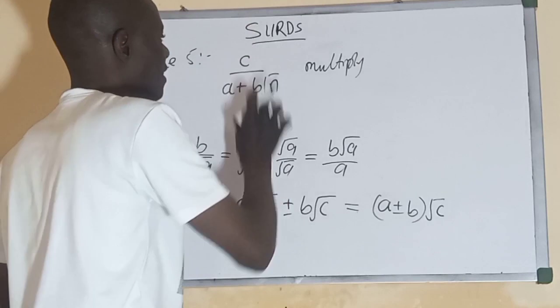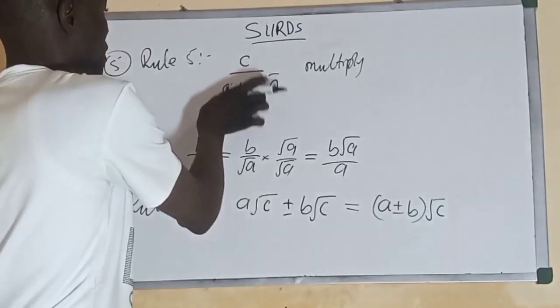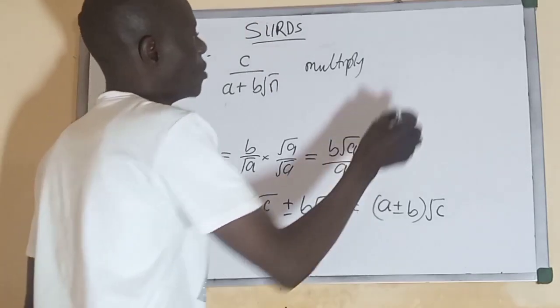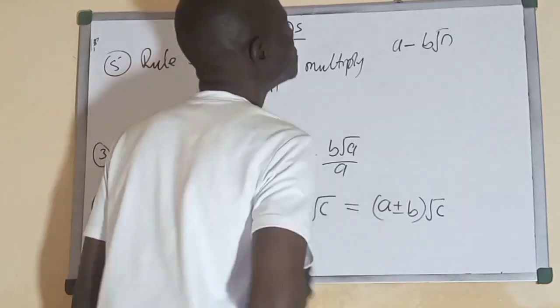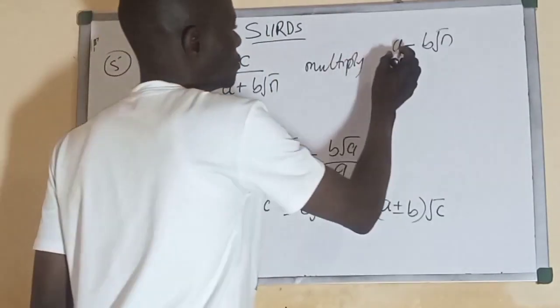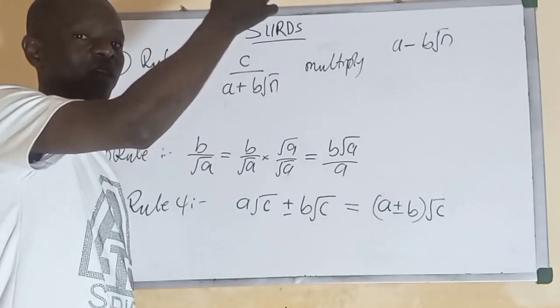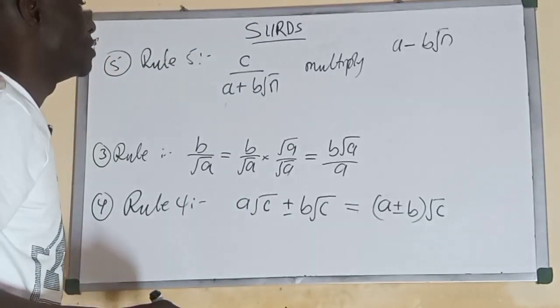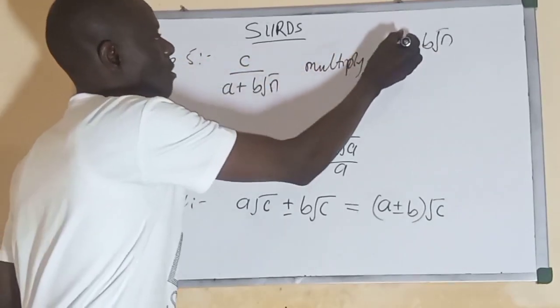You are to multiply the numerator and the denominator by a minus b root n. You have to multiply both the numerator and the denominator, that is the upper part and the lower part, by this number.